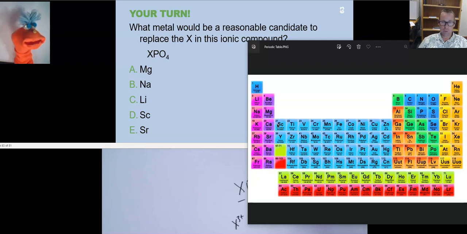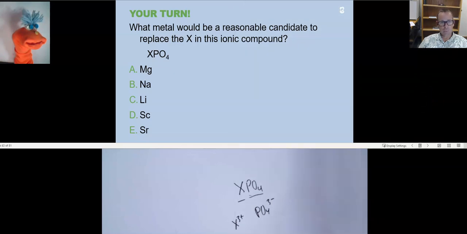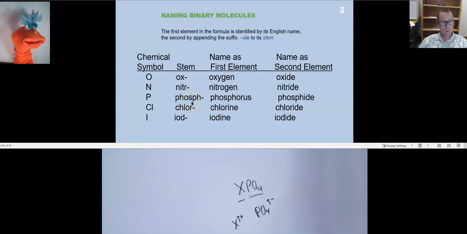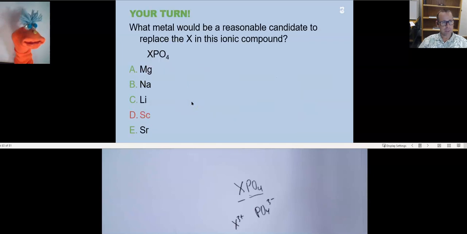Well, I guess it's going to have a noble gas electron configuration of argon. That's right. 21, 20, 19, 18 electrons if it loses 3 electrons. So a reasonable candidate to replace X in this would be our scandium ion. Okay? Does that make sense? Yeah, I follow that. All right. Very good. Good job, Fred.